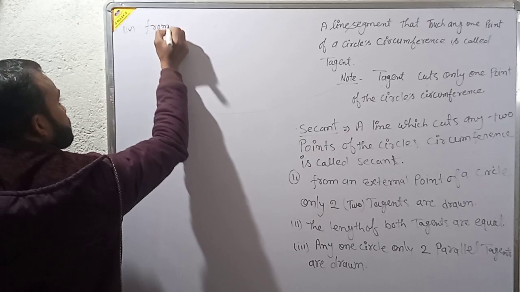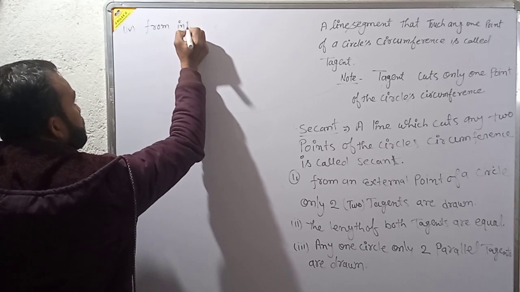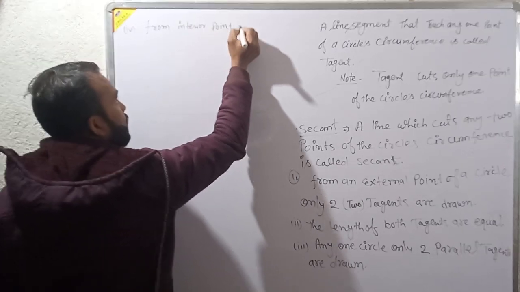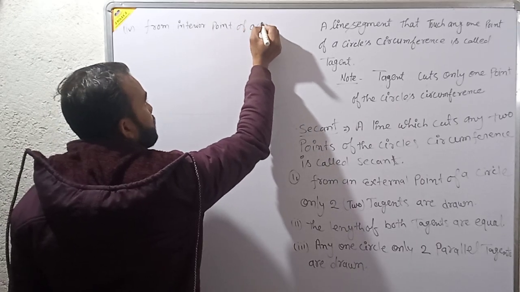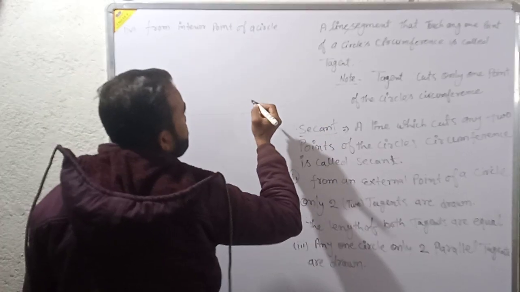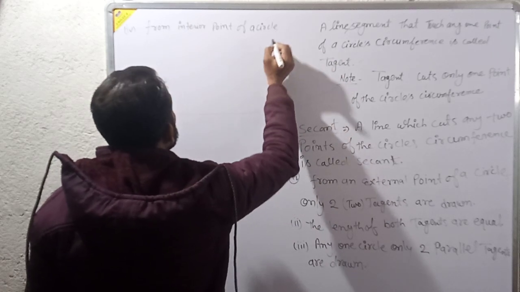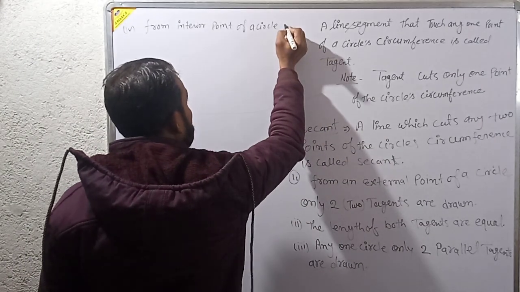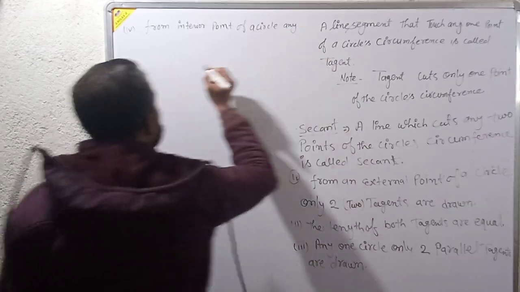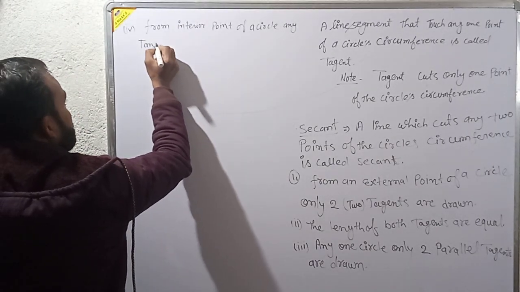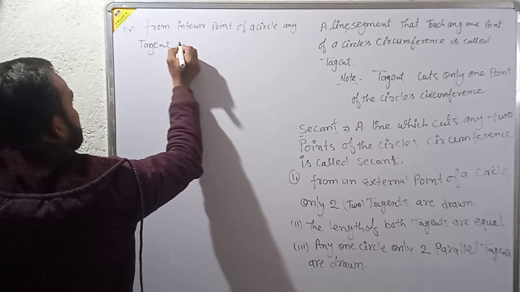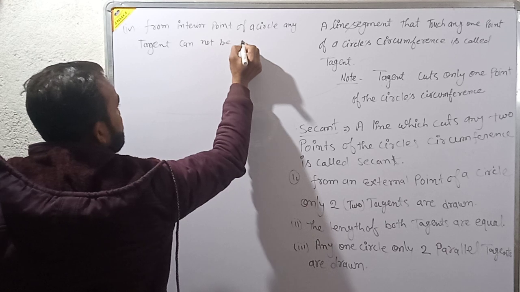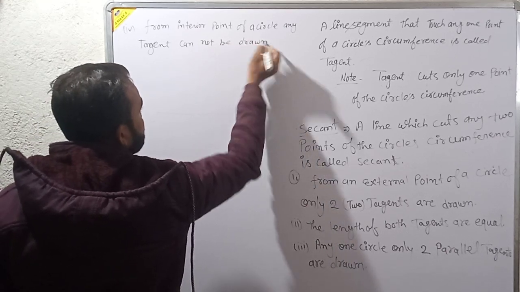From an interior point of a circle, any tangent cannot be drawn.